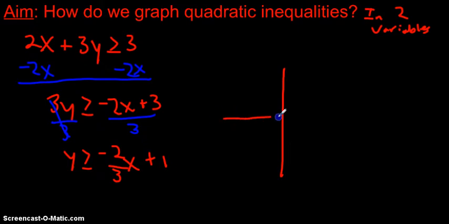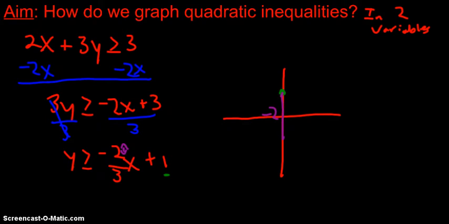So this is my coordinate plane. My y-intercept is at 1, so we'll plot that at 1. The slope has a rise of negative 2, so that's up and down, that's our rise, so it says go down 2.